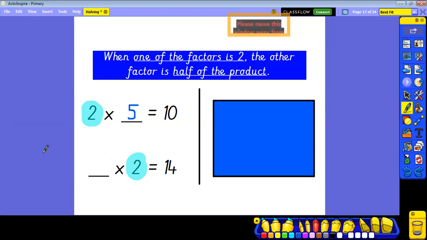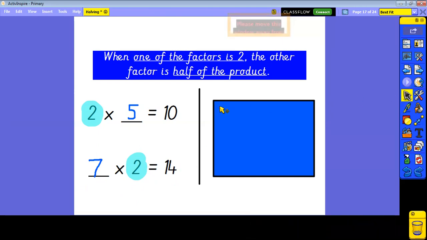So 1 2 is 2, 2 2's are 4, 3 2's are 6, 4 2's are 8, 5 2's are 10, 6 2's are 12, 7 2's are 14. I've reached 14, I counted 7 2's. So that means that 7 is half of 14 and double 7 is 14.